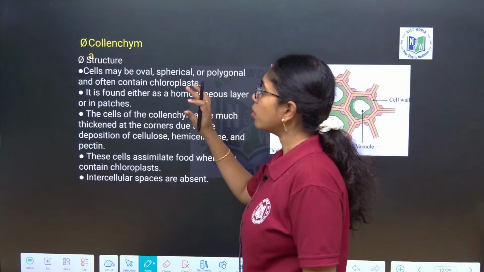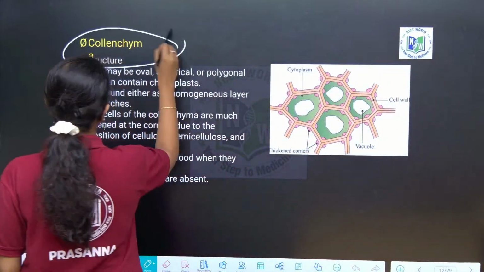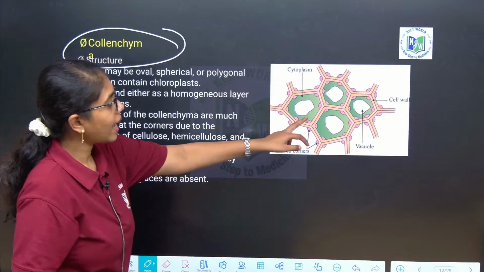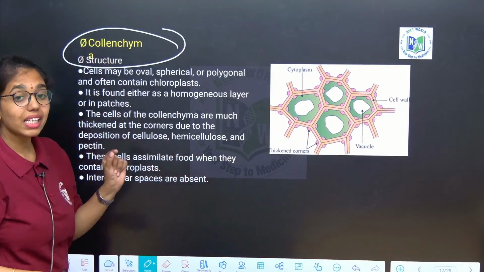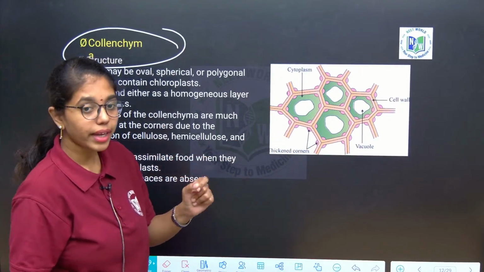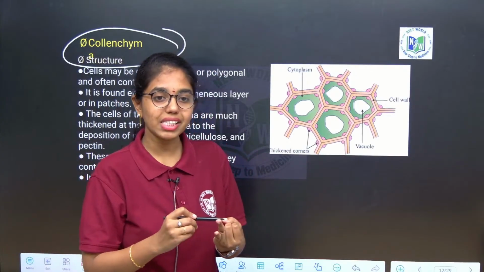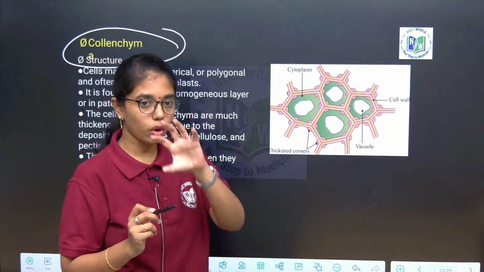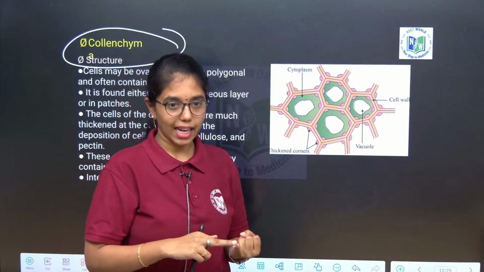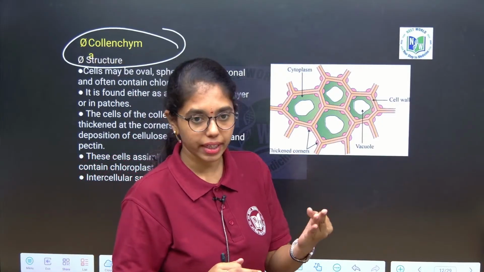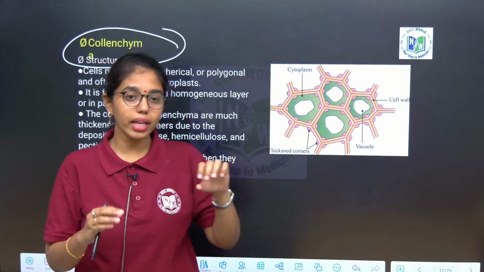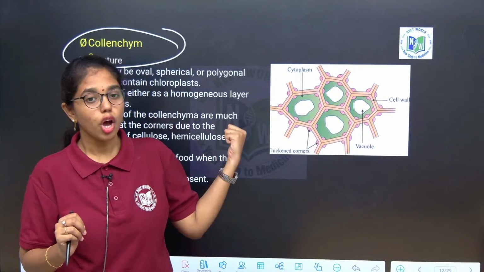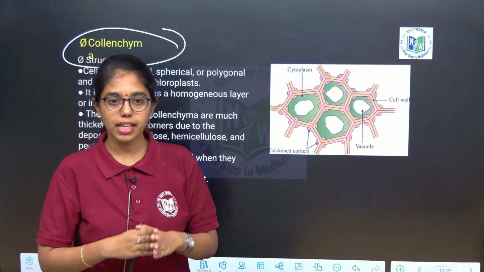Next, coming to collenchyma. Collenchyma is also living and it has a vacuole inside it, but the cell wall composition is different. The collenchyma cell wall will have cellulose, hemicellulose and pectin. In parenchyma you can observe small intercellular spaces, but in collenchyma there are no intercellular spaces.